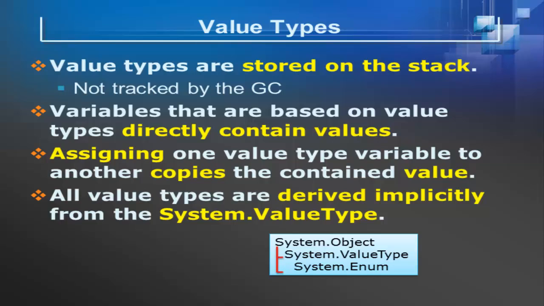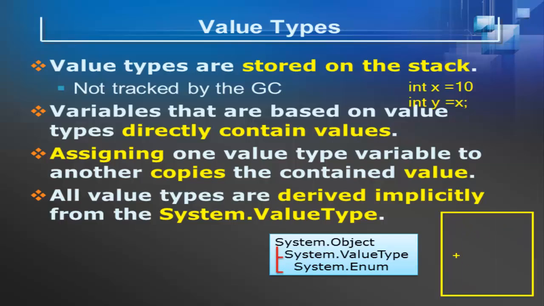And the other one is, if I create int x = 10 and int y = x, what will happen? We have the stack here, and x has the direct value 10, and let's say we have y here.